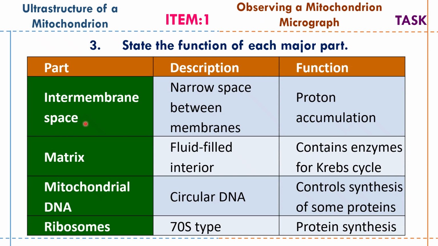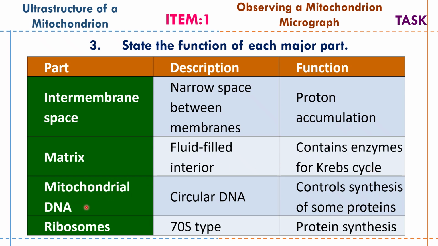Intermembrane space: these are narrow spaces between the membranes. They are for proton accumulation. Matrix: it is a fluid-filled interior. It contains enzymes for the Krebs cycle.